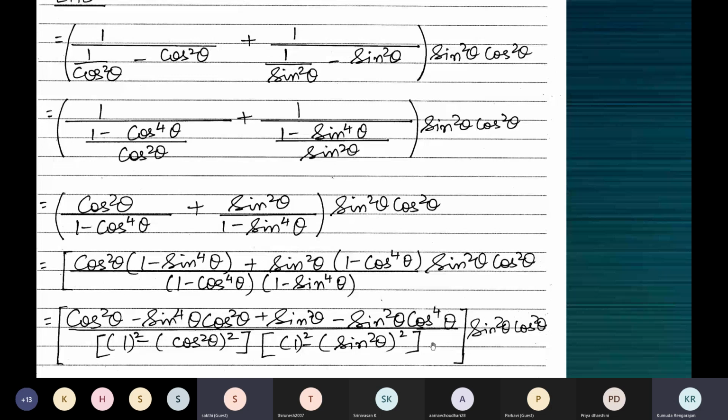So imagine you have something like minus x to the power 4 y square minus x square y to the power 4. What will you take out common? What is common between x to the power 4 y square and x square y to the power 4? x square y square will be common.